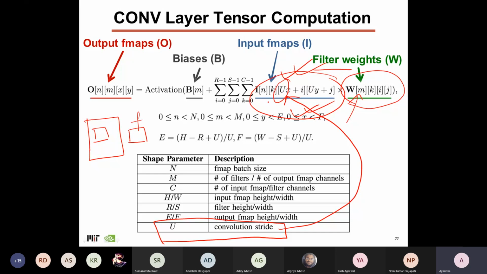On top of that, number 2, you have to consider the number of channels with which you are working. Number 3, you have to consider the stride value: how much shift you are giving to your filter, and based on that, how many operations.